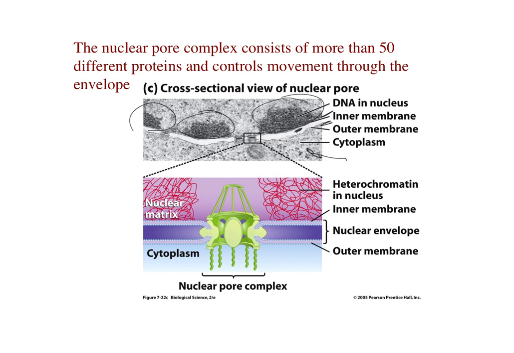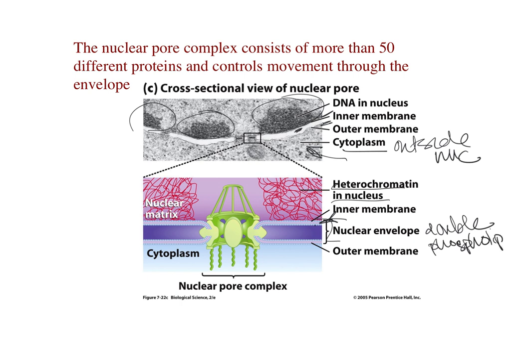Here's the outside of the cell, cytoplasm. We're going to ignore the heterochromatin. Here's that inner membrane. The envelope, double lipid, phospholipid. I'm going to say this 1,000 times so you know it's going to be on the exam. The bilayer.